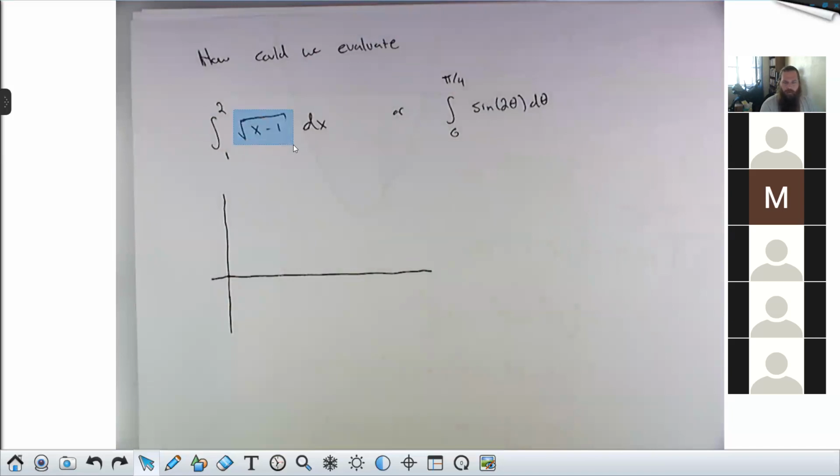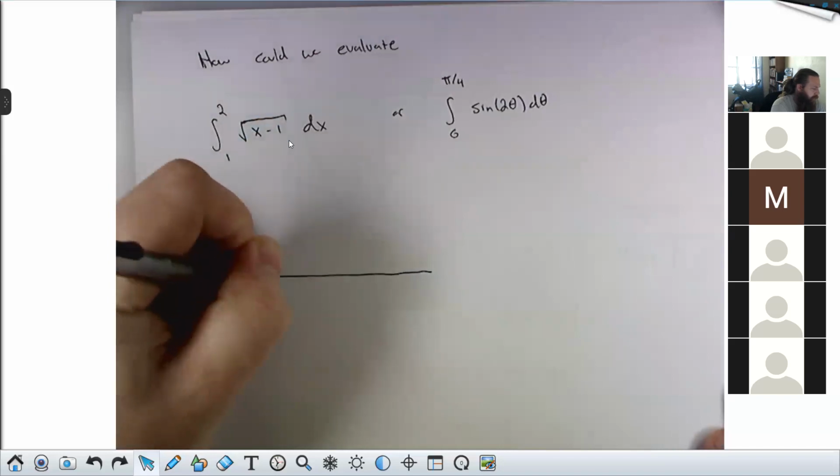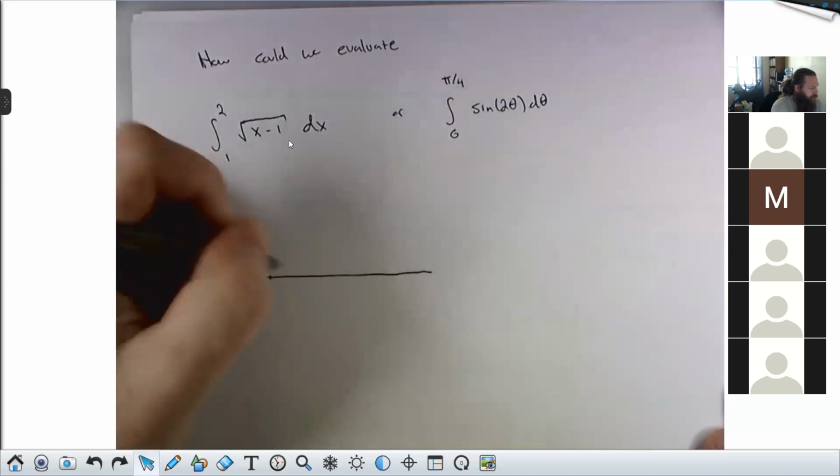I'm not going to put anybody on the spot, but I'll remind you that the square root of x is like half of a sideways parabola. So the square root of x minus 1 should be that same half of a sideways parabola shifted to the right by 1 unit.